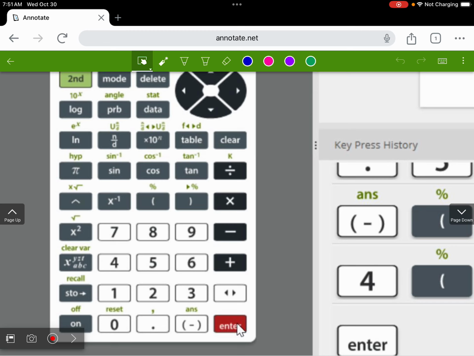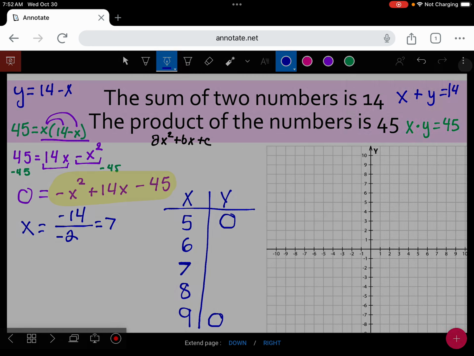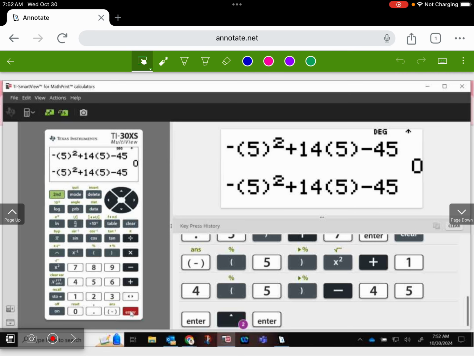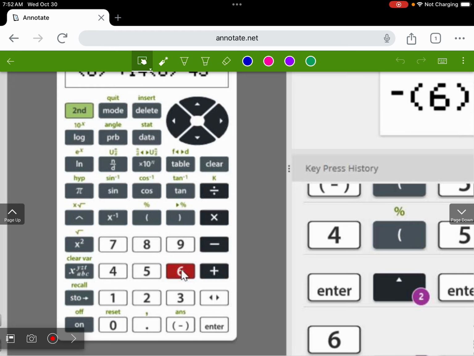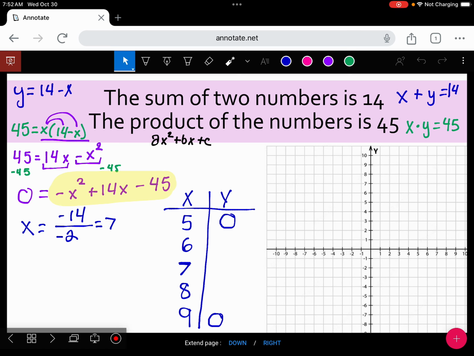When I type in 5, I get a 0, which means I also have a 0 down at 9. Let me do the same thing for 6. Actually, I'm just going to take the shortcut version and arrow my way back. 6. Boop. We get 3. Which means for 8, we're also going to have a 3.